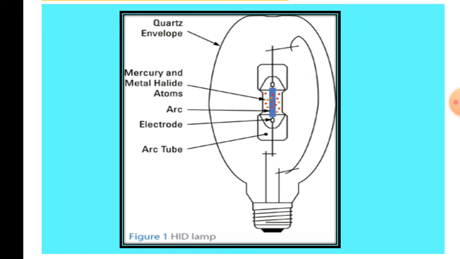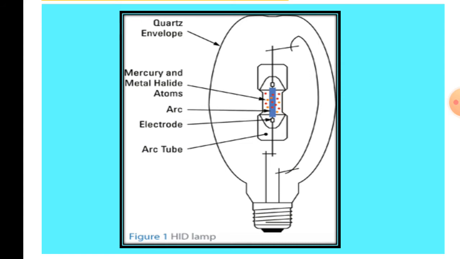It is possible to produce white or green light if the metals are used. The elements attack the discharge tube. To avoid this, instead of the metal element, its halide is used, like iodide, that is sodium iodide.